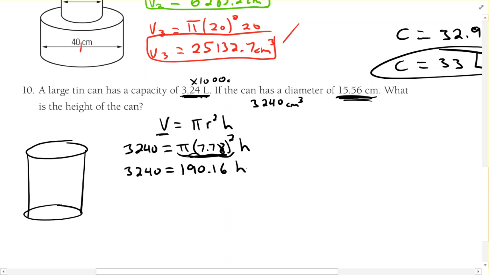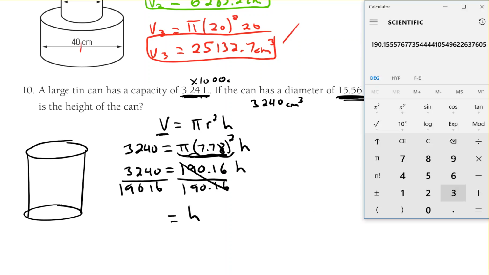If I want h on its own, I'm just going to divide both sides by 190.16. Those cancel. So we end up with height is equal to 3240 divided by 190.16.